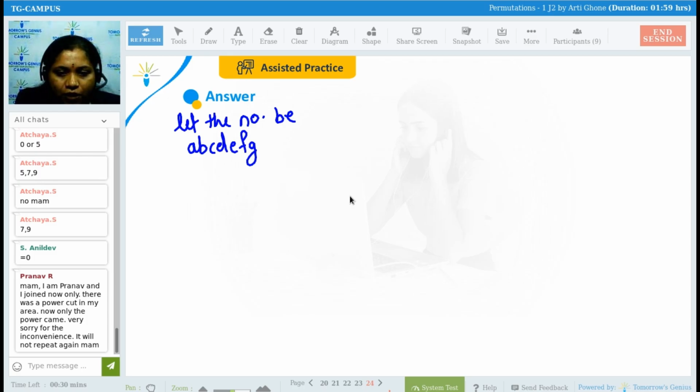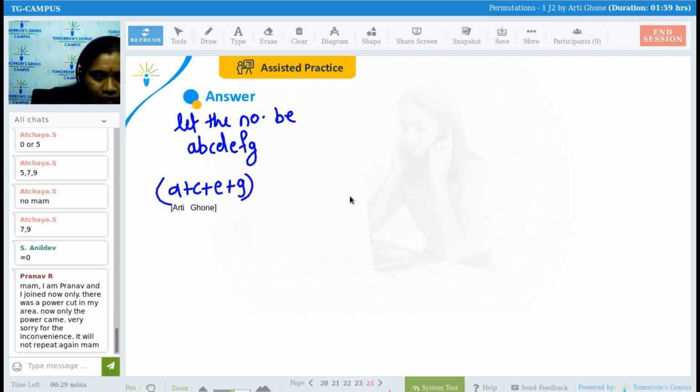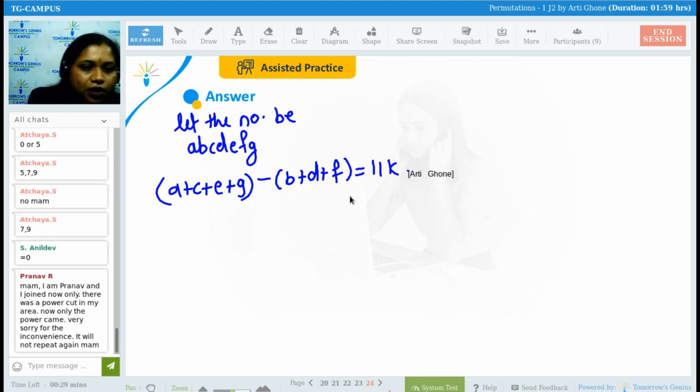Now, A plus C plus E plus G minus B plus D plus F is equal to 11K. This is our case 1, no? A plus C plus E plus G minus B plus D plus F is equal to 11 times K. Clear? Okay.